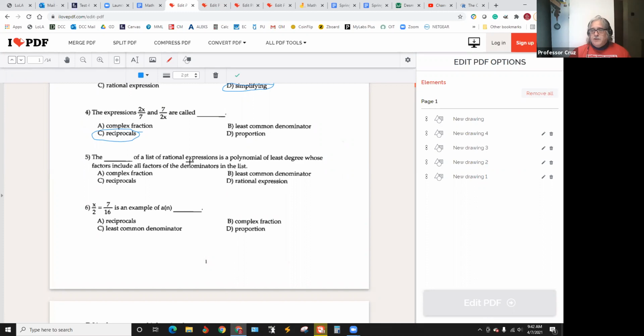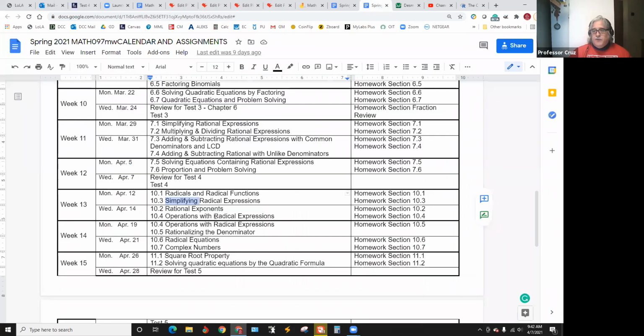The blank of a list of rational expressions is a polynomial of least degree whose factors include all factors of denominators in the list. Well, that's what we're doing in 7.3/4. Oh, it was 7.1. We had 7.5. I was down here in 10, but it's still the same word.